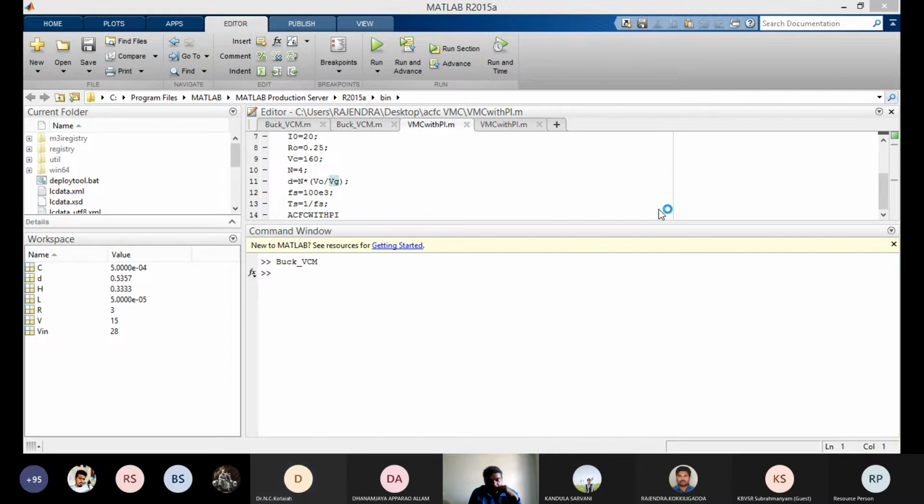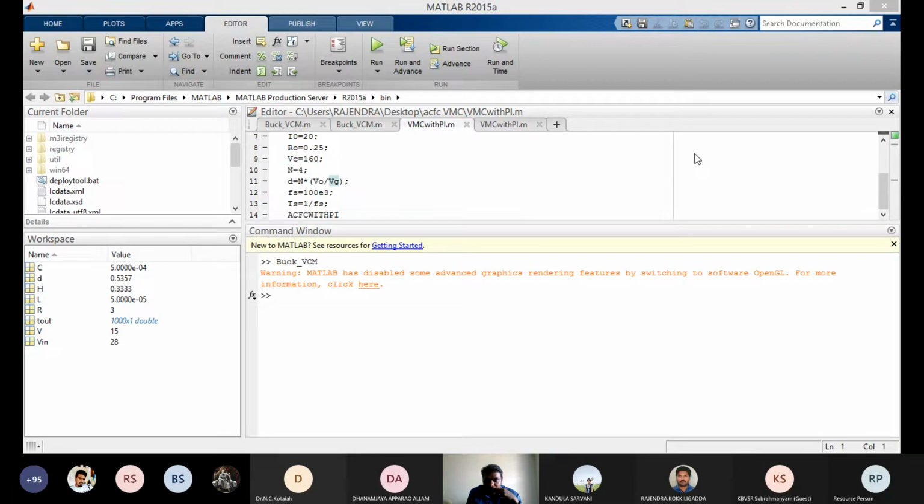Okay, this is the state space model we derived. The same state space model ABCD matrices I have written inside this one.